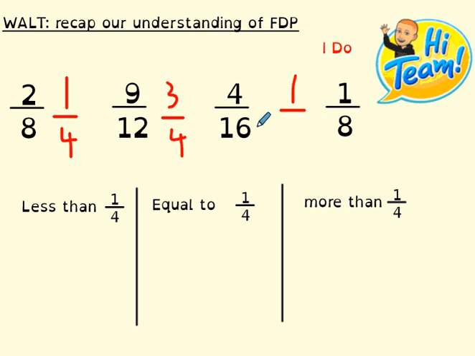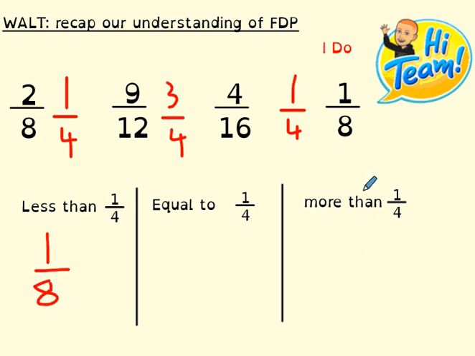So, which of my fractions are less than a quarter? Well, I know that 1/8 is less than a quarter. If I had 2 wholes, one cut into quarters, one cut into eighths, the eighths would be much smaller than the quarters. That would go in there, take that one off. Equal to a quarter, well, I can see that this one and this one are equal to a quarter.